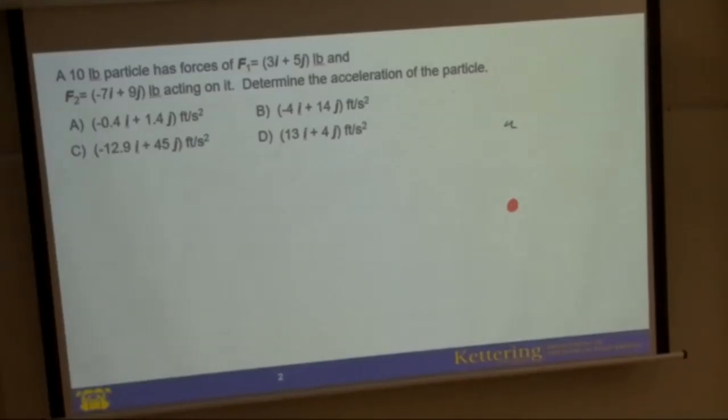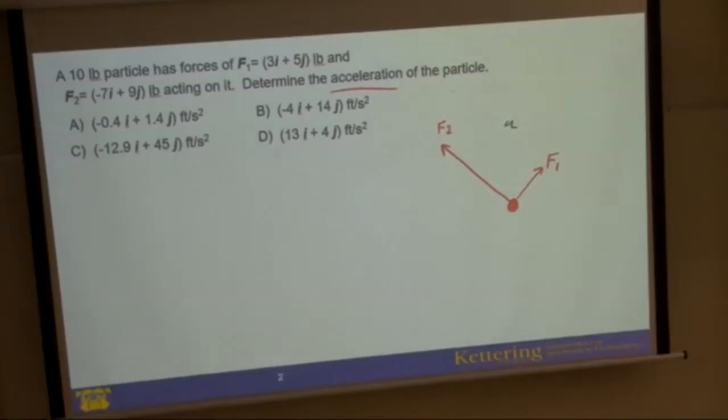F1 is 3i + 5j. This force, if you draw this vector, looks like this. And F2 looks like this. Applied to the particle. Now we want to find the acceleration of the particle.